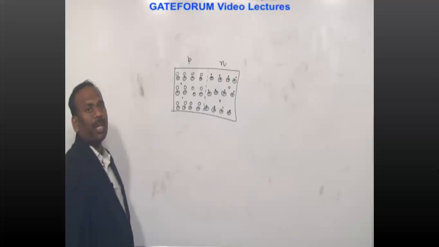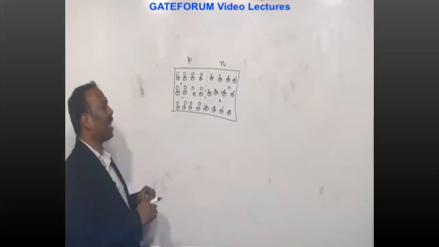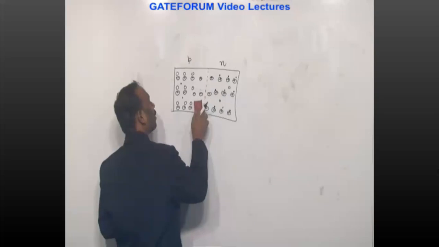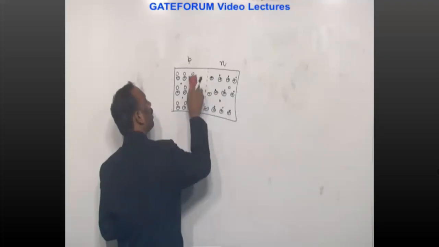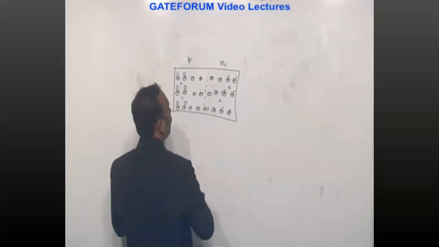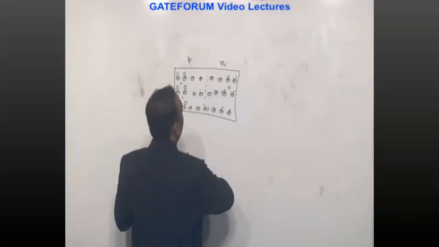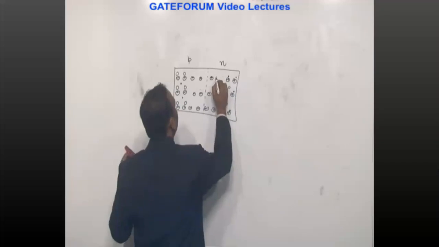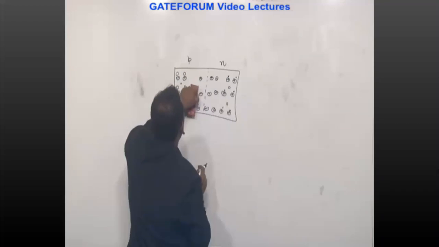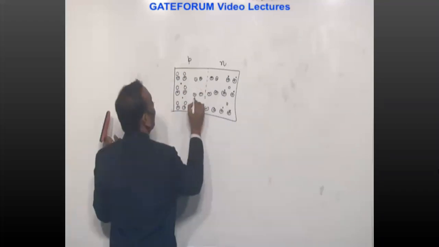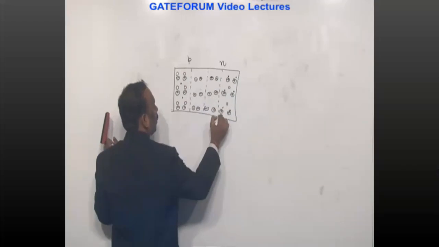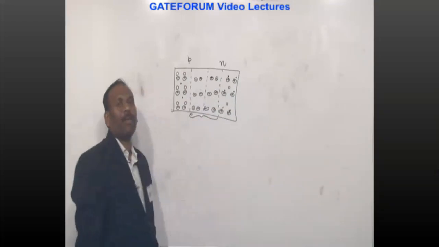Once we have added p-type impurities and n-type impurities, then immediately the diffusion mechanism and drift mechanism take place. The depletion layer is formed.